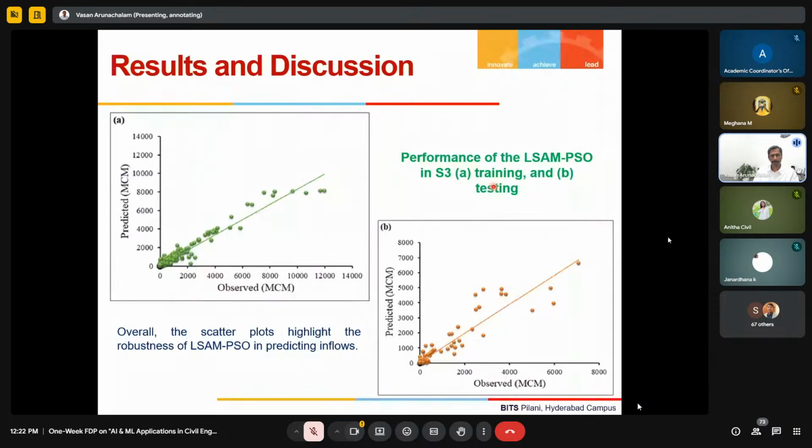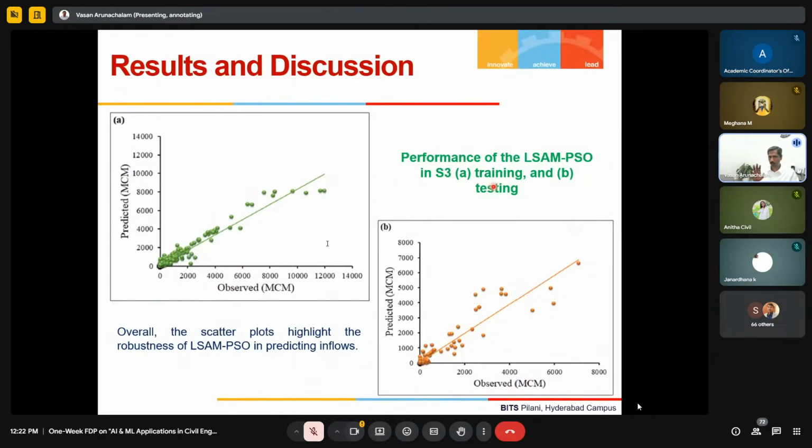When you see this particular figure, what you clearly see is the scatter plot between the observed versus the predicted inflows. Here there are closely distributed scatter points around this 1:1 line, which indicates general consistency with the observed values.